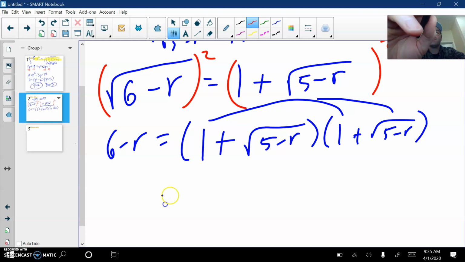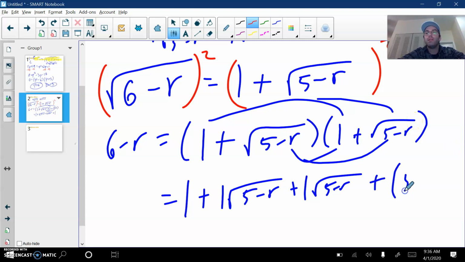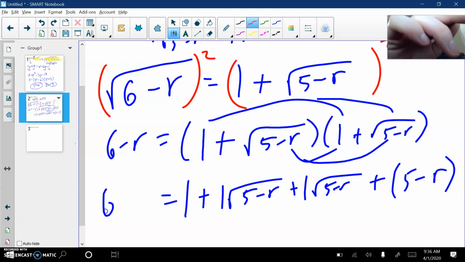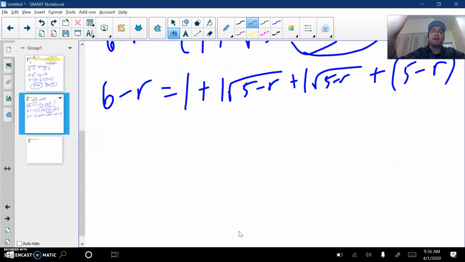So I need to distribute there. I'll get 1 plus 1. Now you don't have to write the 1 in front of the 5 minus r, but I find it helpful just for this next step. I'm going to multiply this, then multiply that. Remember, if I multiply a square root by itself, it just becomes whatever is inside the square root. And then the 6 minus r comes down. So I'm going to combine my like terms on the right.